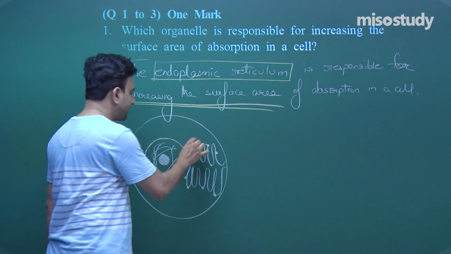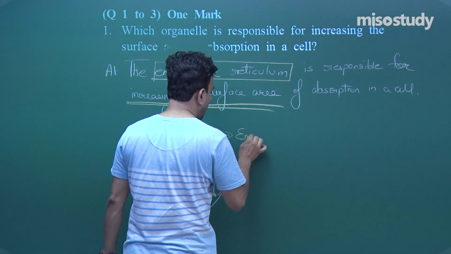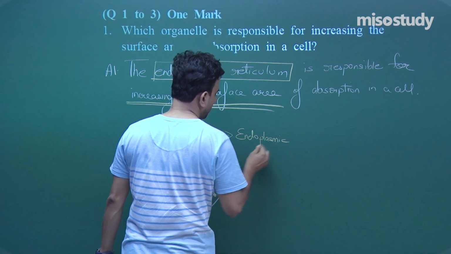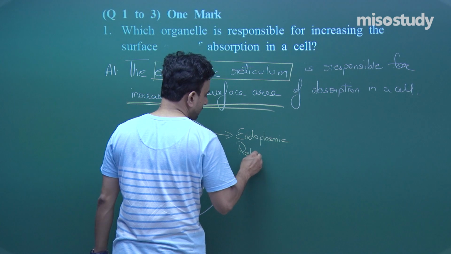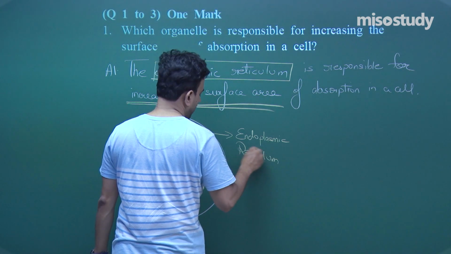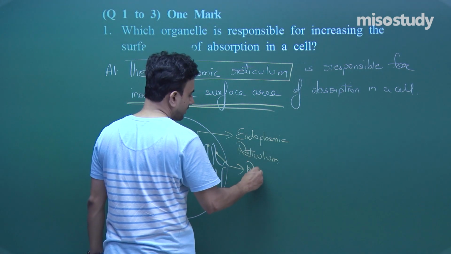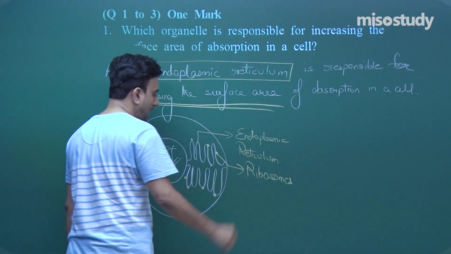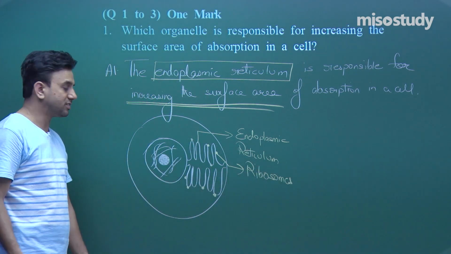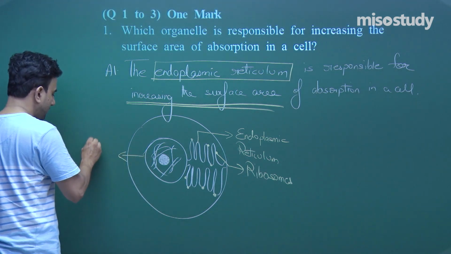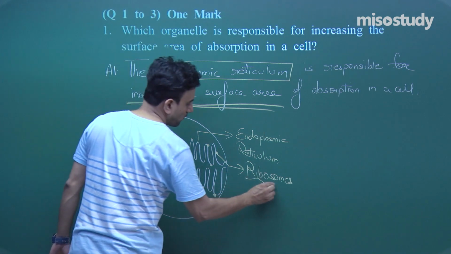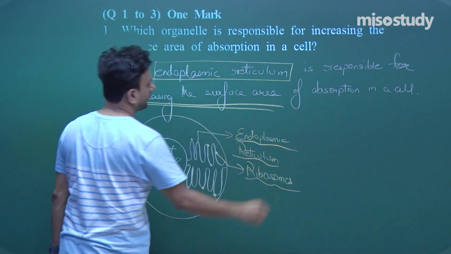So this is the endoplasmic reticulum, right? The ribosomes on this, and this is the whole of the nucleus. This is the nucleus, right?